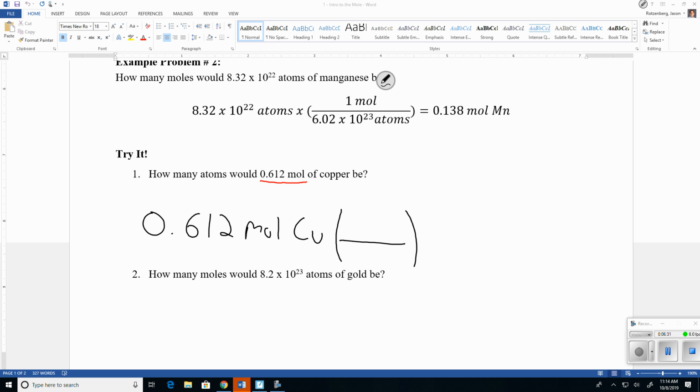Just like in metric conversions, look at the question, identify what you're trying to solve for. Atoms. That is going to go on the top of the conversion. The bottom of the conversion is what you already have for a unit, which is moles.